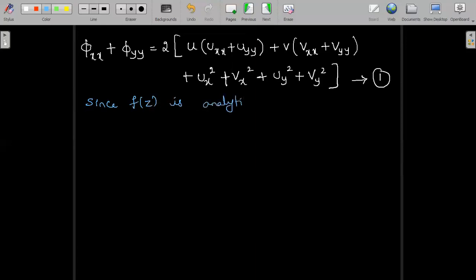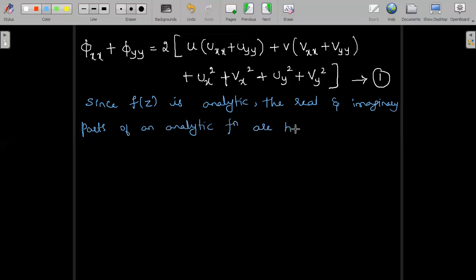So since f of z is analytic, the real and imaginary parts of an analytic function are harmonic. So this gives us uxx plus uyy is equal to 0 and vxx plus vyy is equal to 0.